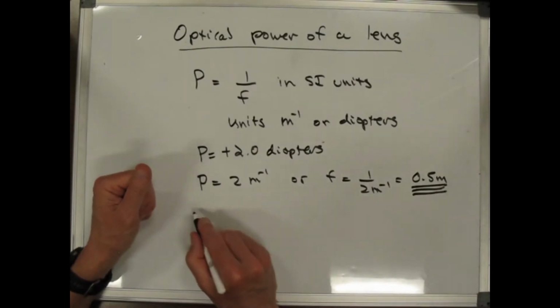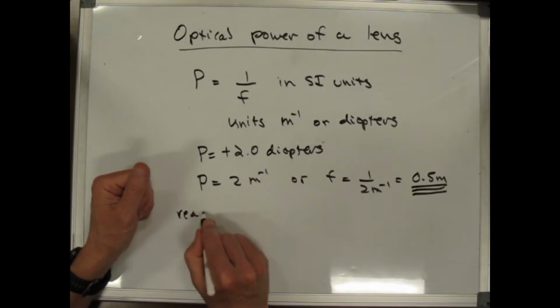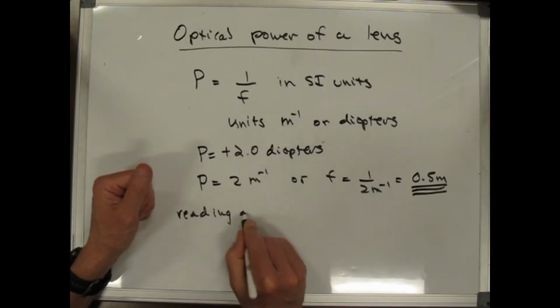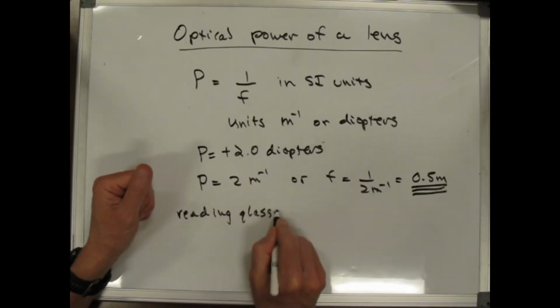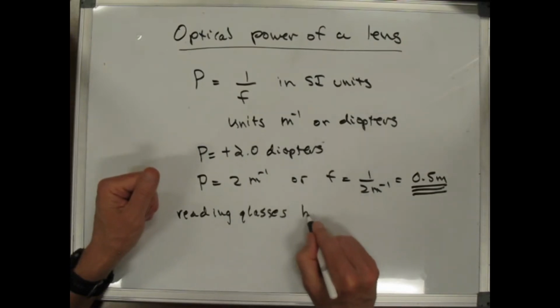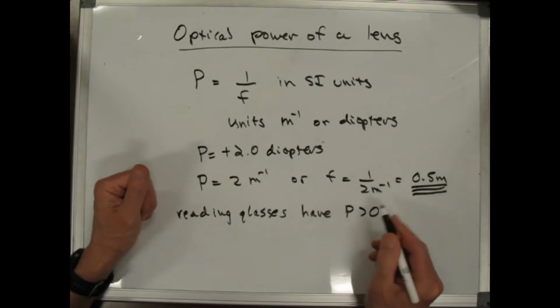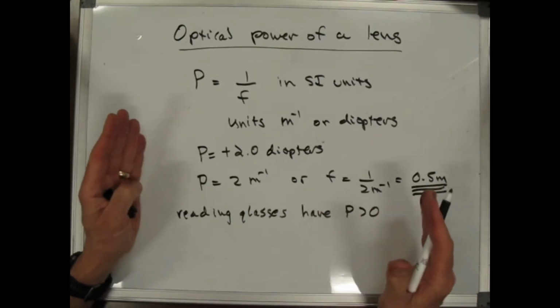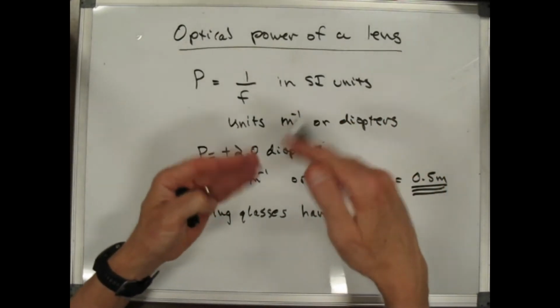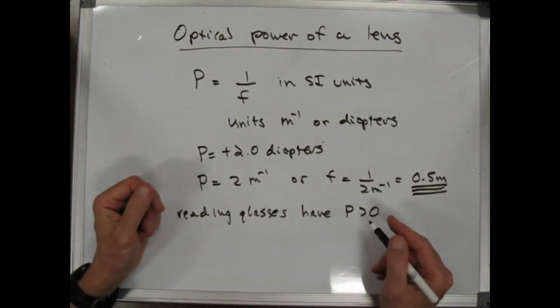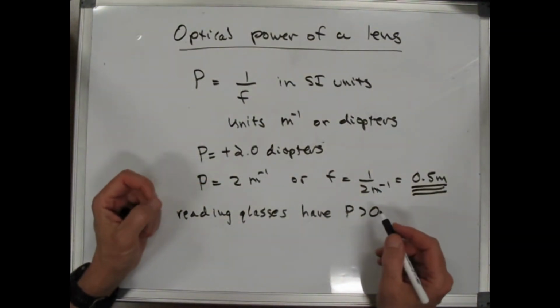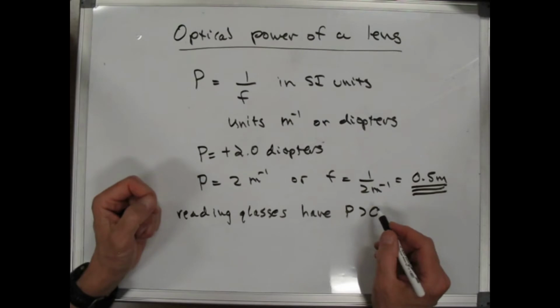Most reading glasses are converging because people get farsighted and they need the rays to be bent more to get the image into focus, and so they use converging lenses.